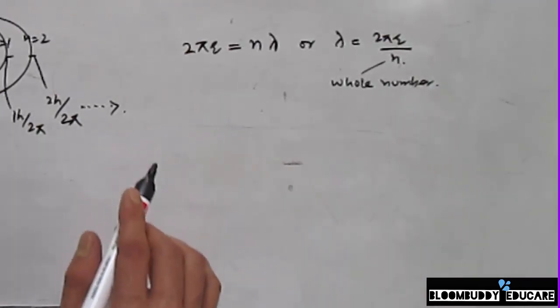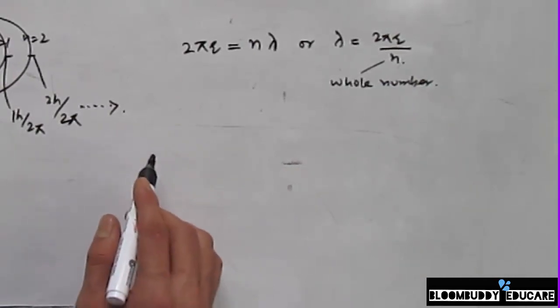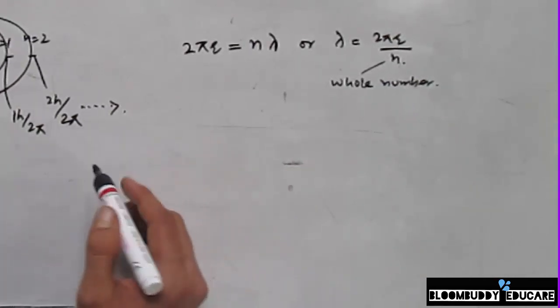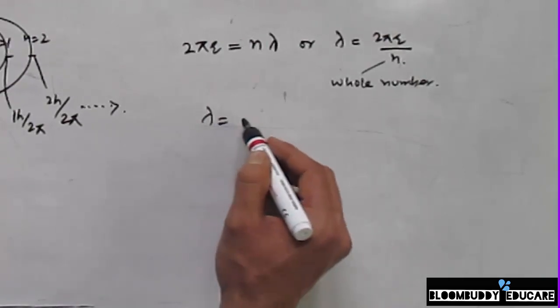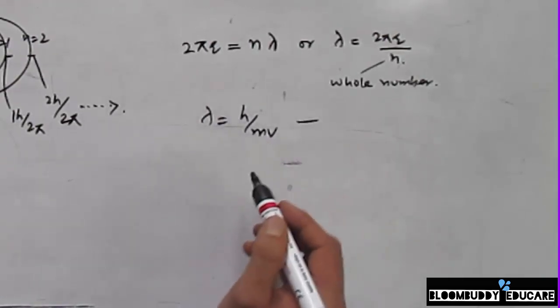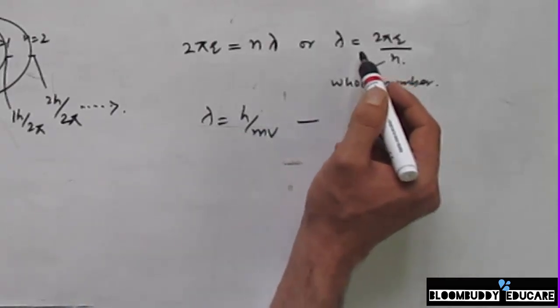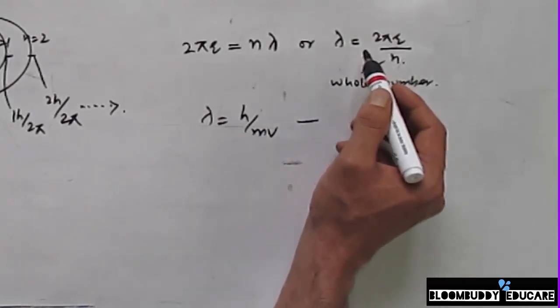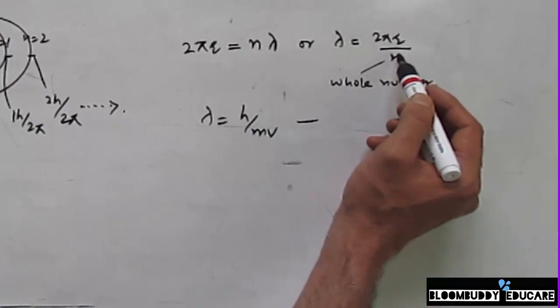According to de Broglie's concept, the wavelength of an electron which behaves as a wave is always given by lambda equal to h by mv. This is de Broglie's equation, and according to Bohr's concept, lambda is equal to 2 pi r by n.